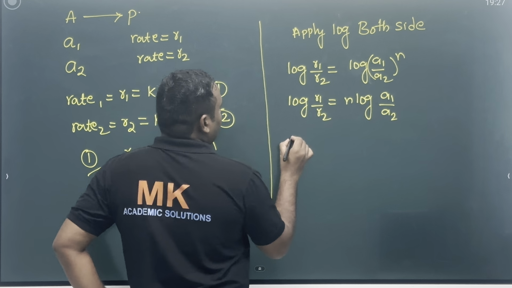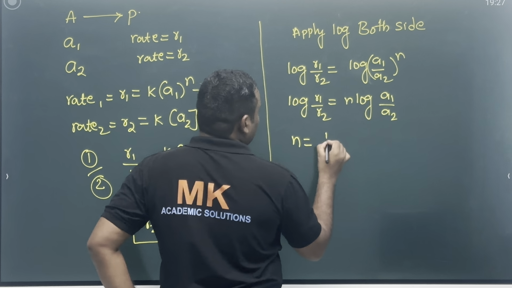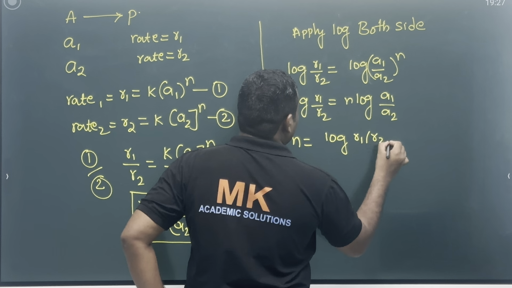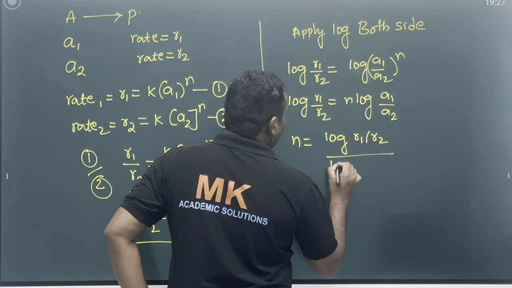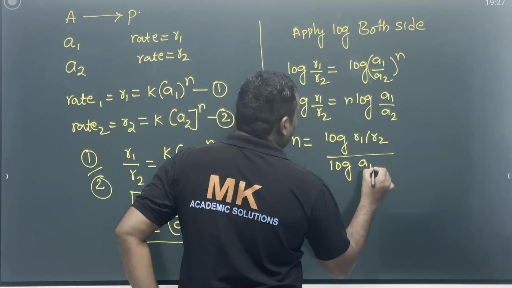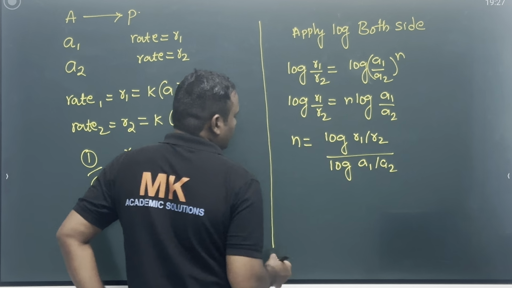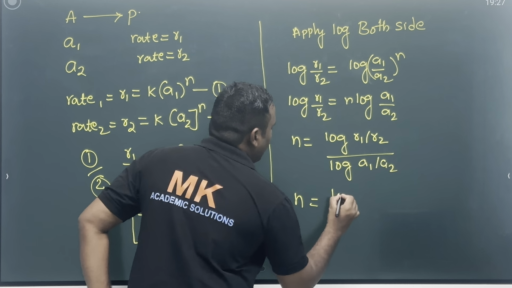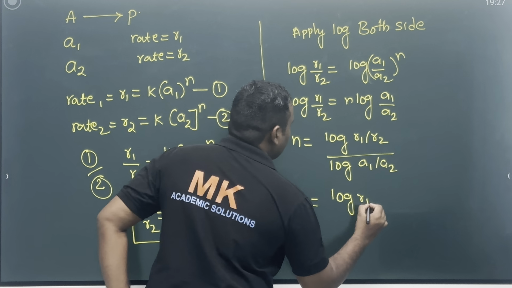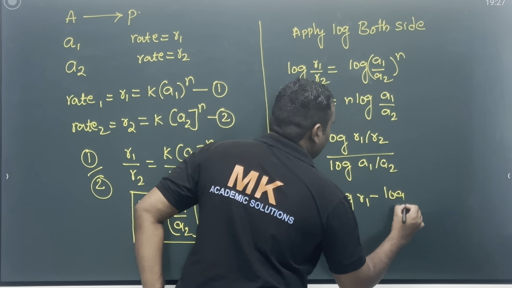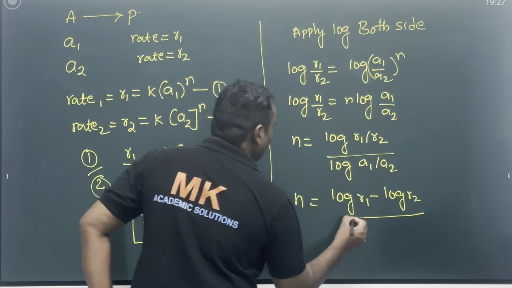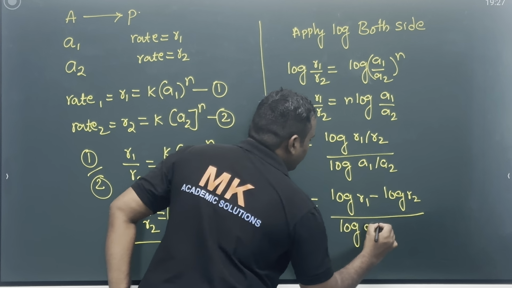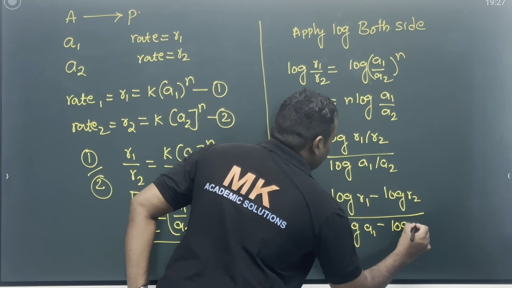Therefore, n is equal to log R1 by R2 by log A1 by A2. So we can write this as n is equal to log R1 minus log R2 by log A1 minus log A2.